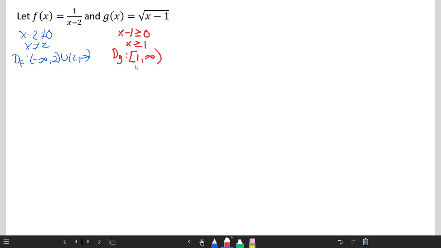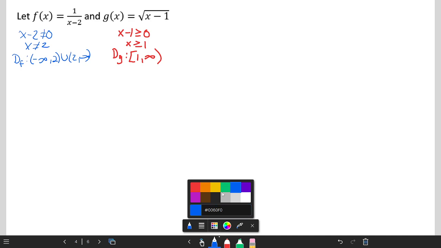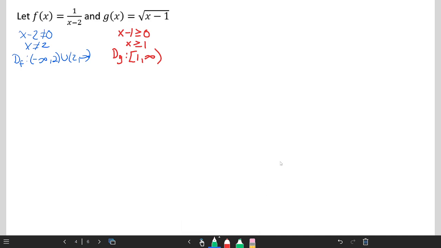So for all of these functions that we're about to write down, the sum, the difference, the product, and the quotient of these, we can't use a value that doesn't belong to both domains. So if we graph this on the number line like we did before, so here's 0, here's 1, here's 2, here's 3.